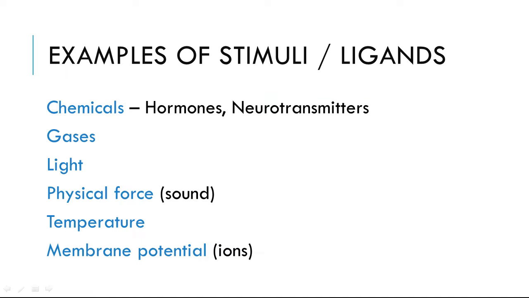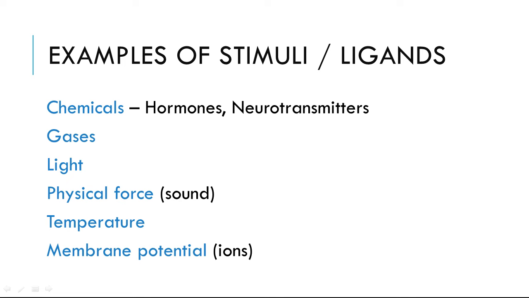So the question is, what types of stimuli or ligands may there be? We listed these when we were talking about intercellular communication. The first two, chemicals and gases, would be more a form of communication between cells.